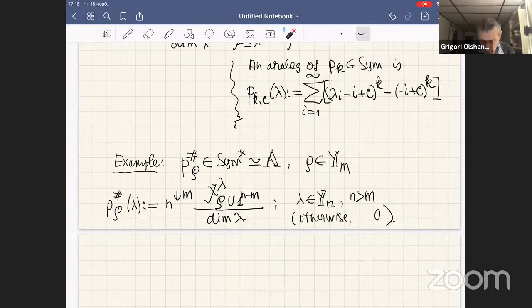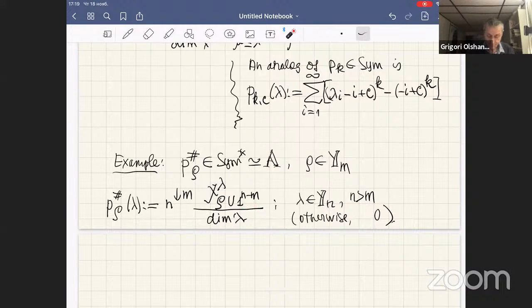Okay, so we take some element here with the cyclic structure given by rho, and when we regard it as an element in the larger group, this amounts to saying that we add 1, 1, 1.